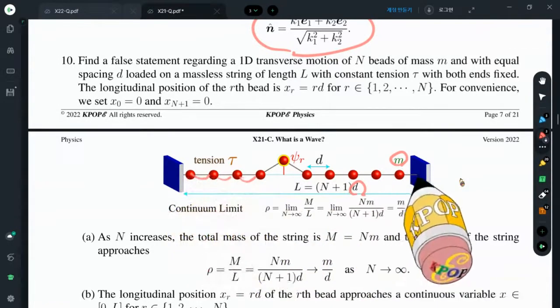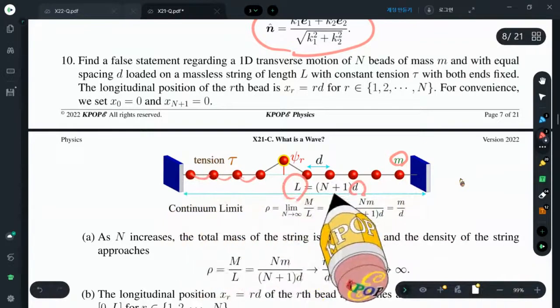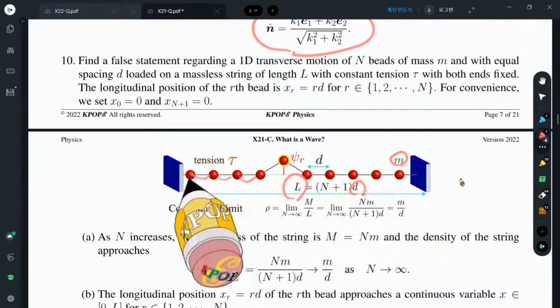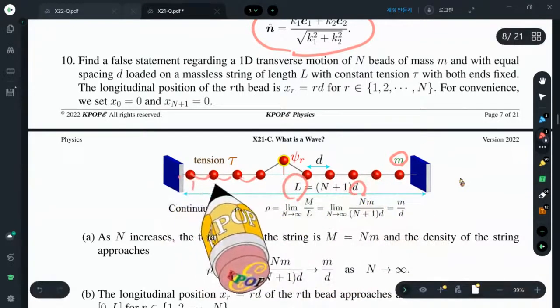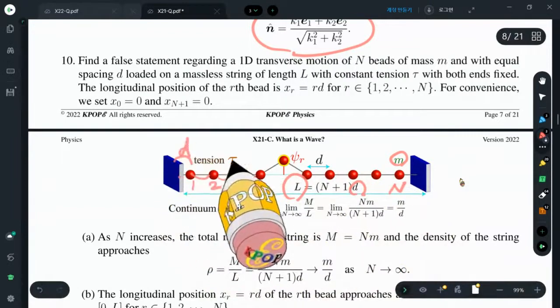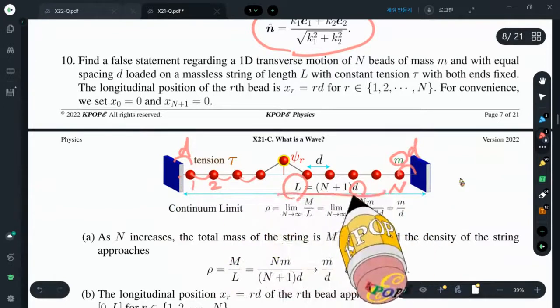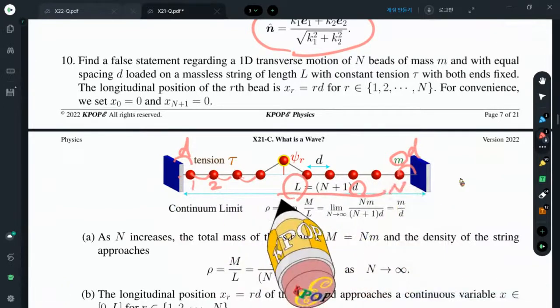The length of this string is L. We have n beads, so the spaces are 1, 2, up to n plus 1. So this is d, this is d, so the whole length is n plus 1 times d.